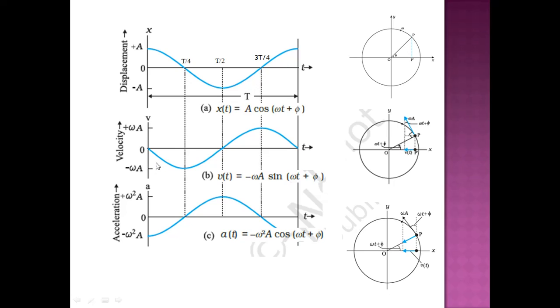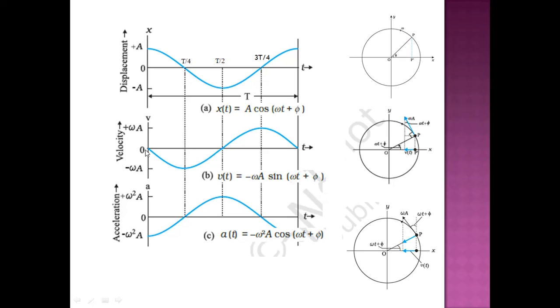Let us look at the second one, velocity versus time. The expression is minus omega A sine(omega t plus phi). Here also you get t equal to 0, T by 4, T by 2, 3T by 4, and capital T. So your graph varies according to the sine function.